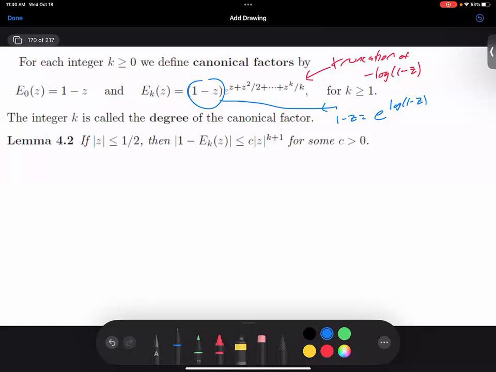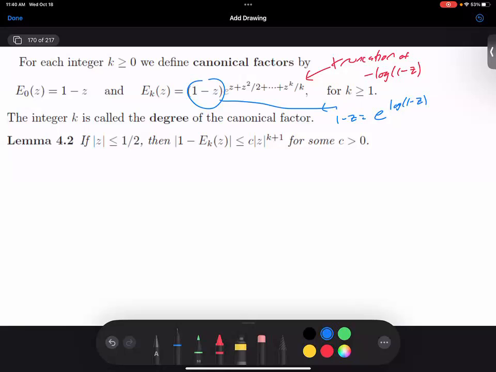And so what the book says you can prove is there's some universal constant c, which does not depend on z, it does not depend on k, such that as long as the absolute value of z is less than or equal to a half, then the absolute value of 1 minus e_k of z is at most that number c times the absolute value of z to the k plus 1. Okay? So let's see why this is true.